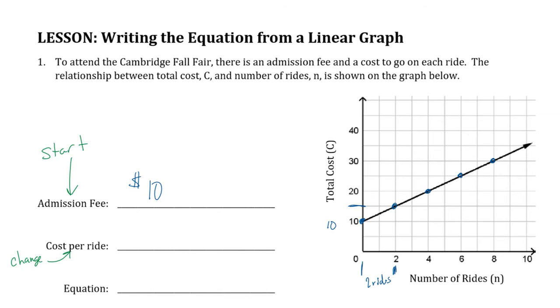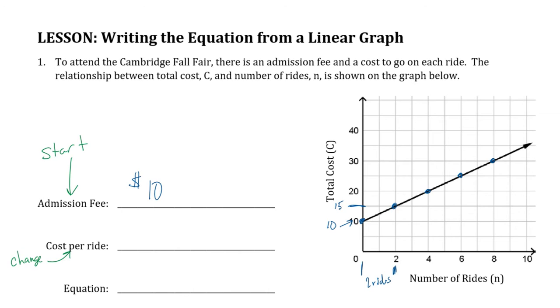Again, we have to look at our scale and decide what it's counting by. 5, 10, 15, 20. Okay, that was counting by 5s, so every line is worth 5. So if this is 10, 5 more from that is 15.